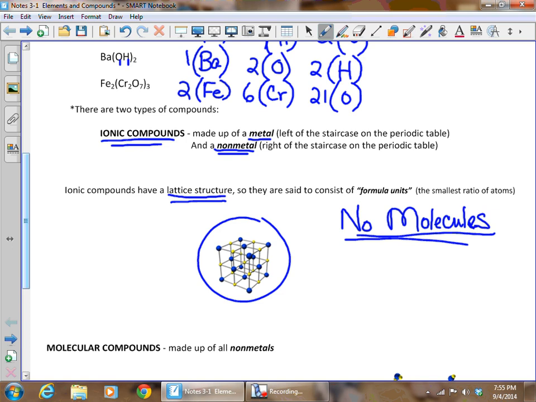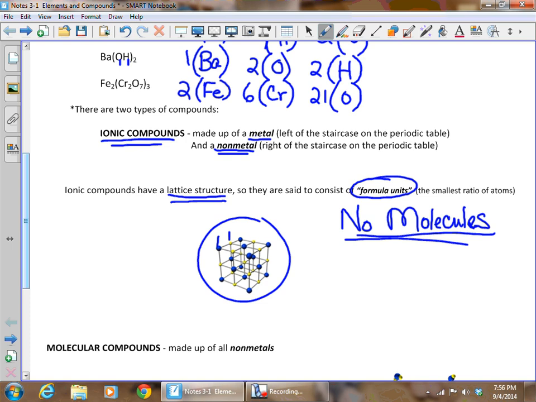We say that these ionic compounds are made up of formula units. We come up with a formula unit by making the smallest ratio of atoms. For instance, the compound that I've circled here is a good representation of something like salt, NaCl, where for every one blue atom you've got one yellow atom, a 1-to-1 ratio, so the formula for that compound would be NaCl.